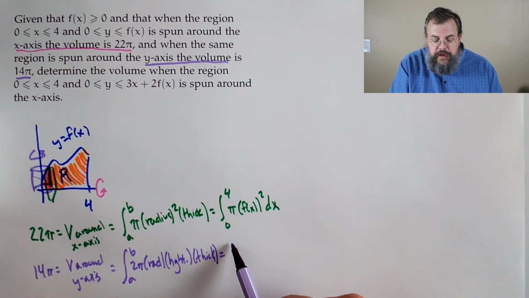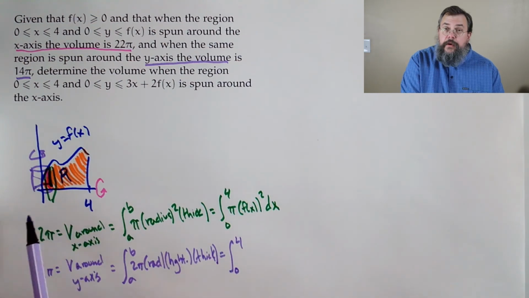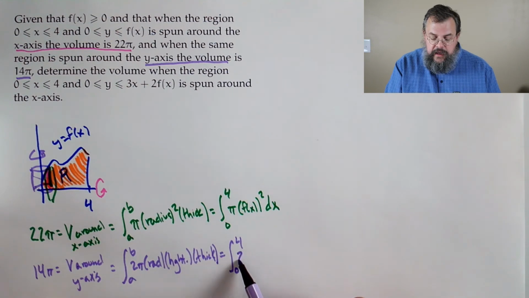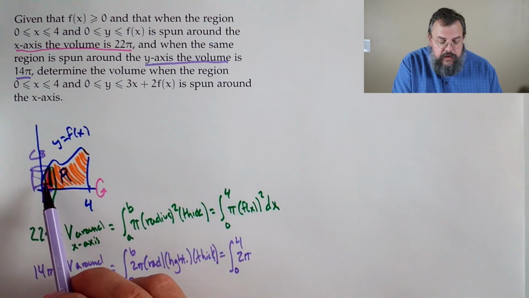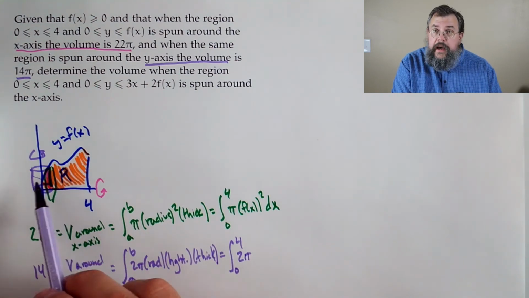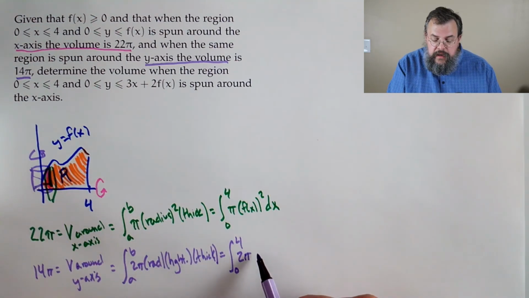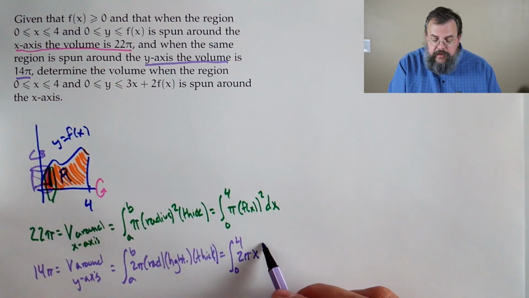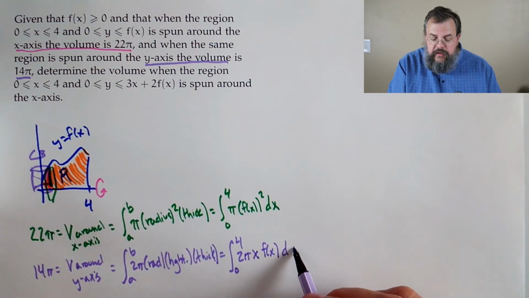So that would be integral 0 to 4, because that's where we go from, x equals 0 to x equals 4, our 2 pi. Our radius is how far a slice is from the y-axis. That would be x. Our height is f of x, and our thickness is dx.